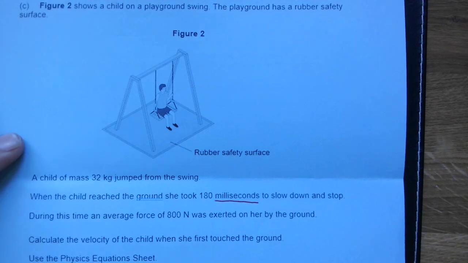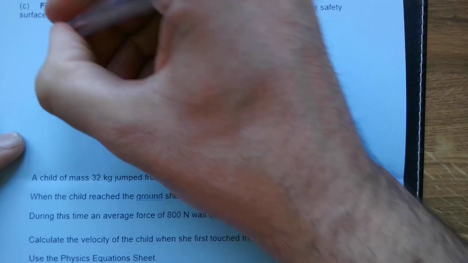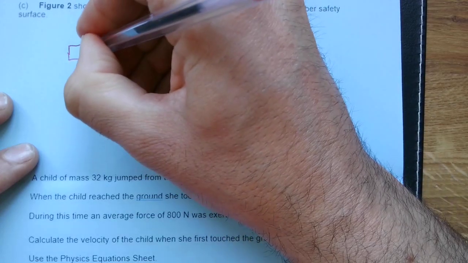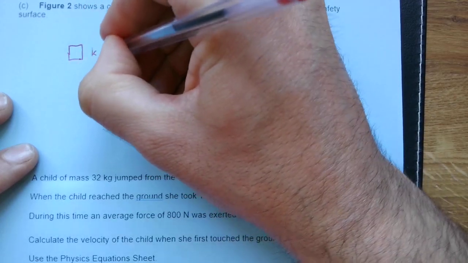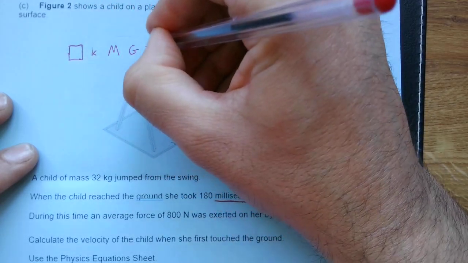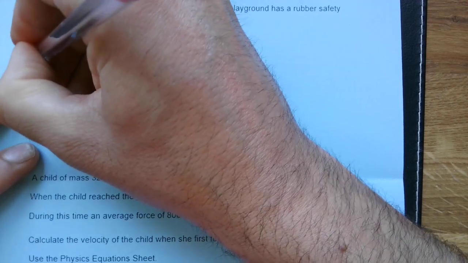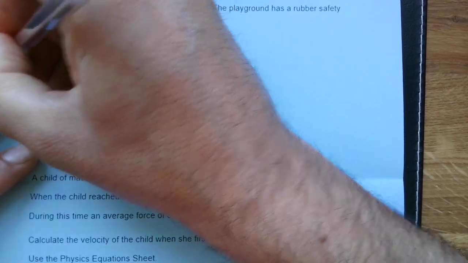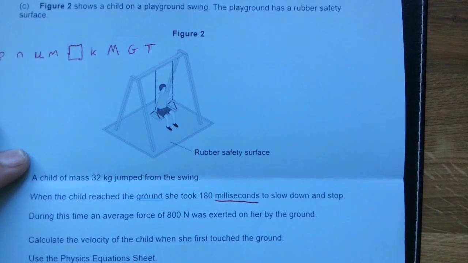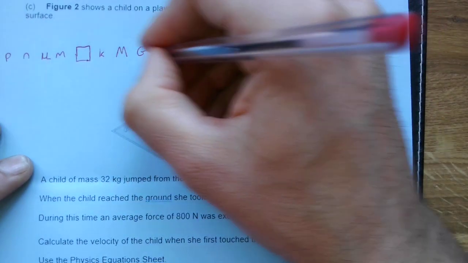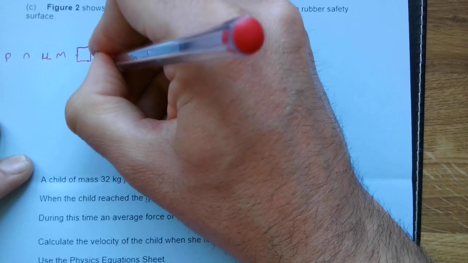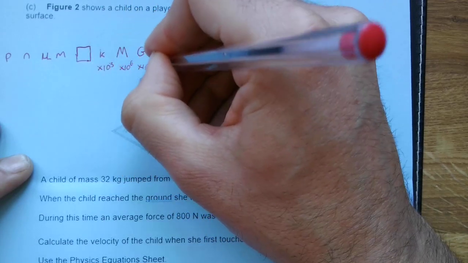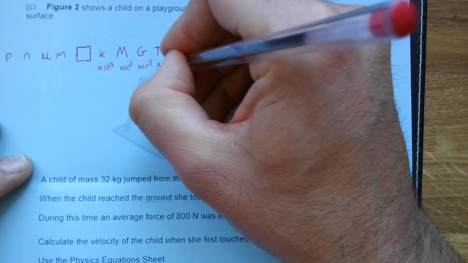So before we do that, we're going to have to use our ultimate weapon. Our ultimate weapon, don't forget, is kilo, mega, giga, tera, and then milli, micro, nano, and pico. And then we remember that it's times by 10 to the 3, then times by 10 to the 6, then times by 10 to the 9, times by 10 to the 12.